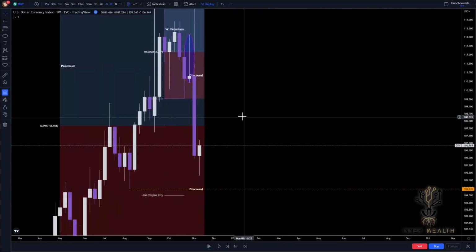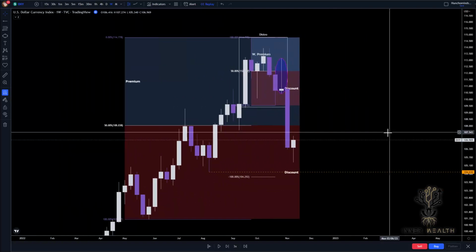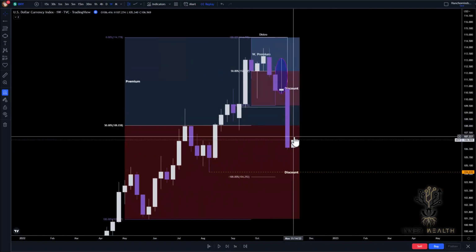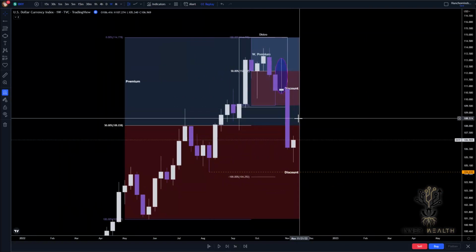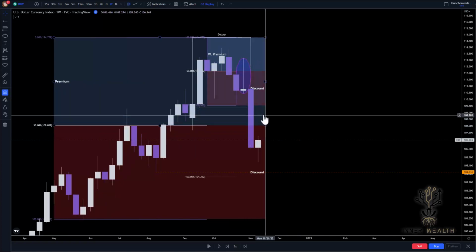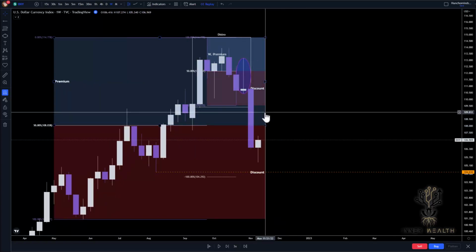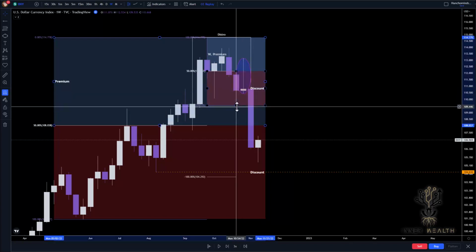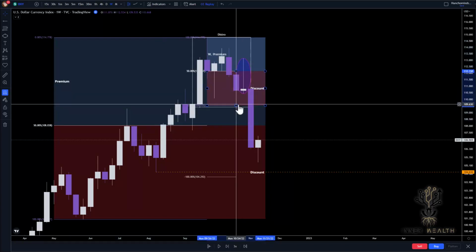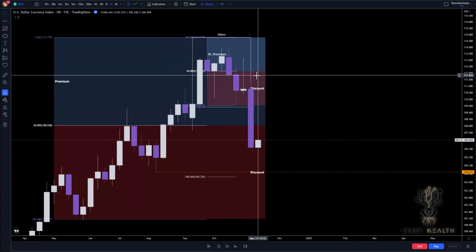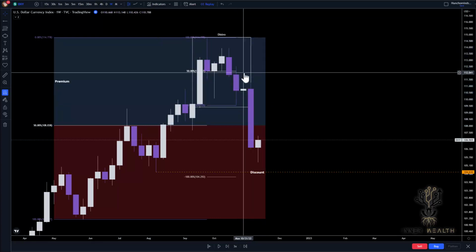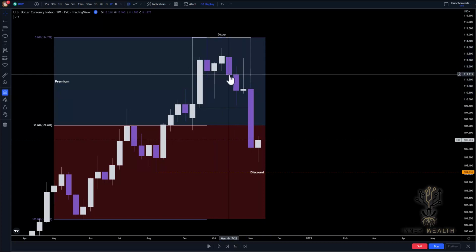Okay, so now the weekly just ended. So you want to see price action come in the weekly back into premium, back into premium from the monthly perspective. Okay, we're going to forget about everything up there now. It's already done. Cool. Let's clean up the chart.